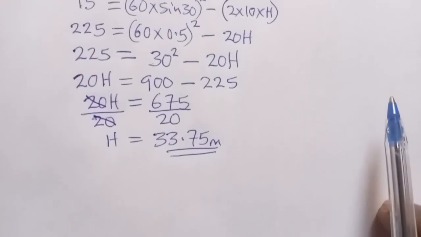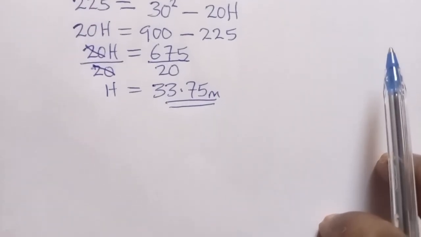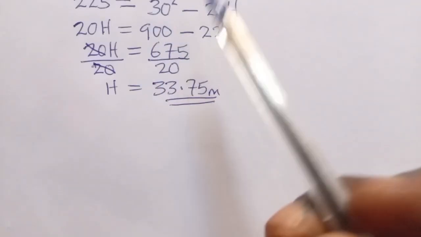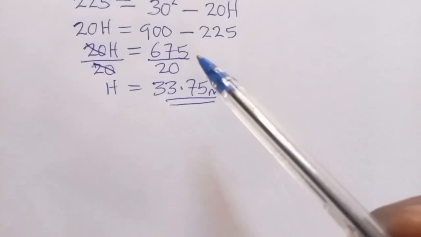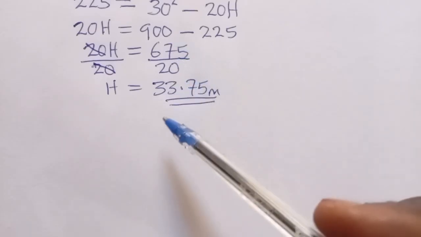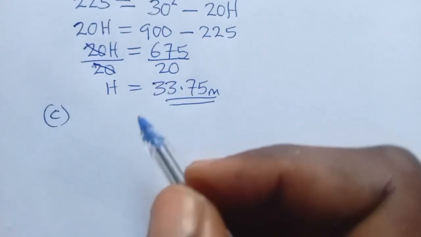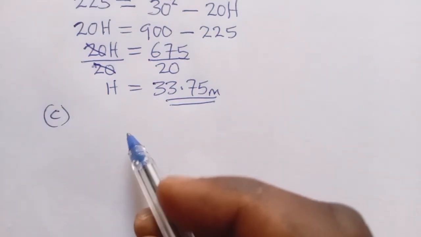This time we'll use the horizontal component of the velocity. And you agree with me, horizontal component is u cos theta, not u sin theta. U sin theta is for the vertical component of a vector, while u cos theta is for the horizontal component of a vector.